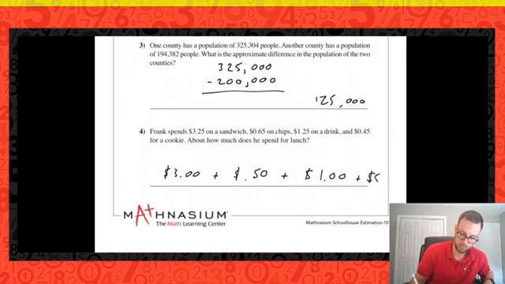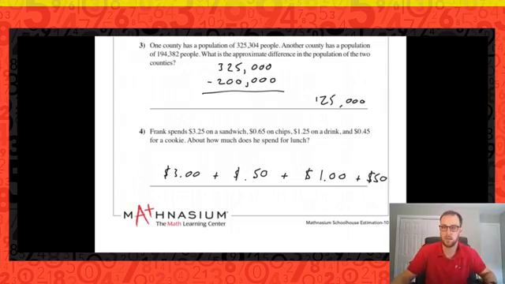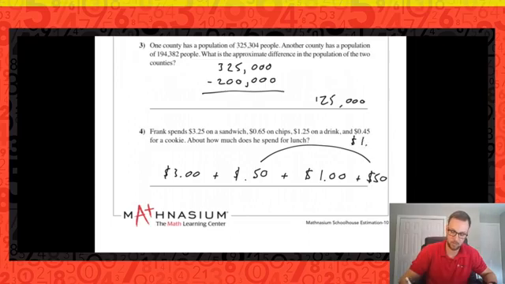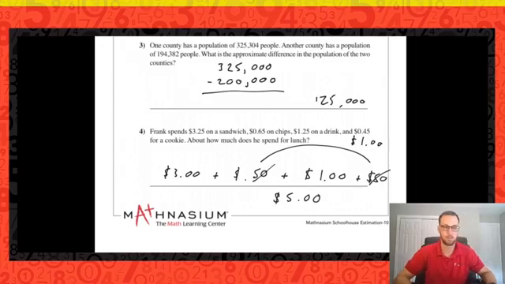And his cookie was about 50 cents as well. So how much did he spend on lunch? A little bit of grouping here. 50 and 50 gives me another $1. So now I've got $2 plus another $3. He spent about $5 on lunch. Nice job. Very nice indeed.